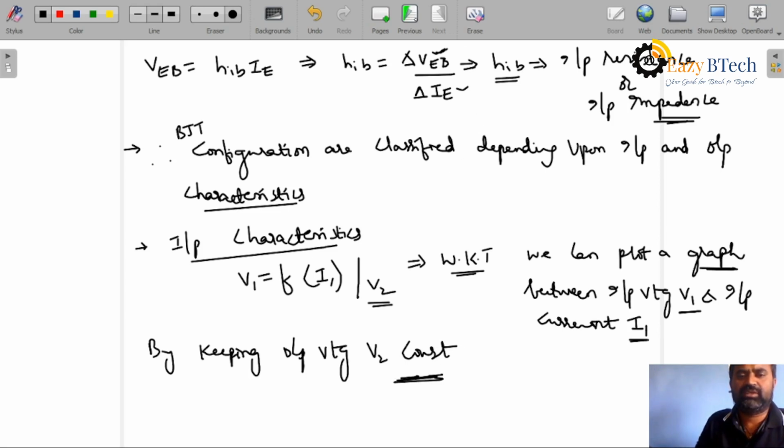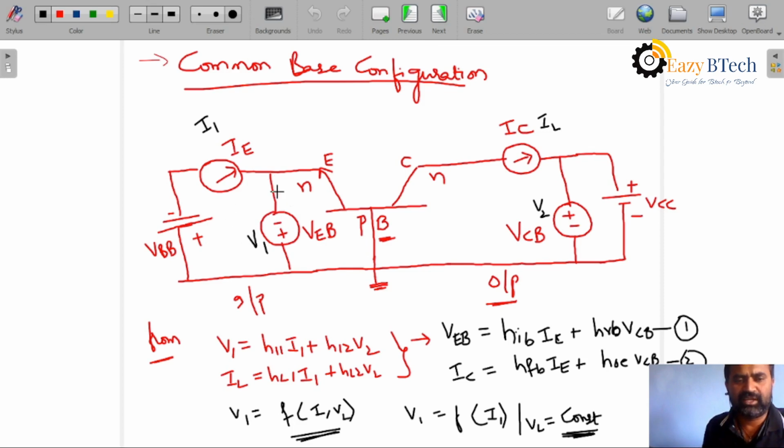Okay, now in the previous diagram you can see, to study the input characteristics of the common base, we are keeping VCB constant. By varying VBB, we note down the value of IE and VEB. Okay, students, by changing VCC, we can make the value of VCB constant. Then, by increasing the value of VBB, we can note down the value of input current and input voltage VEB.